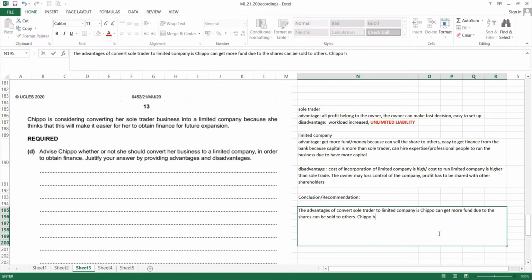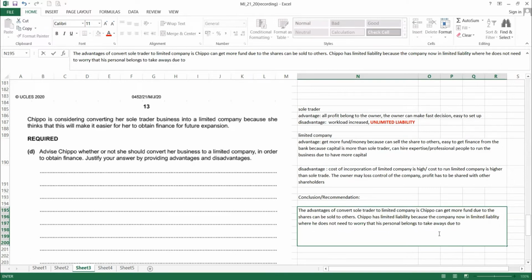Chipo has limited liability because the company now has limited liability, where he does not need to worry that his personal belongings will be taken away due to debt.